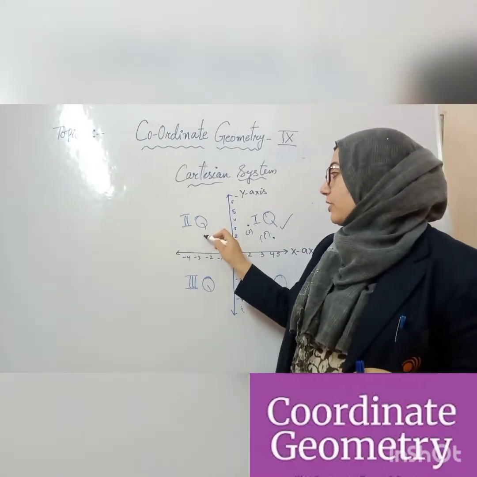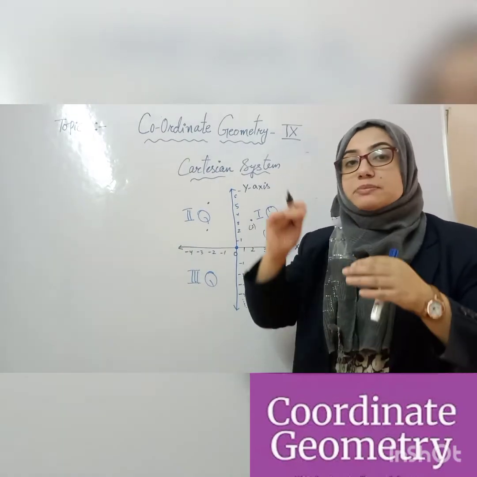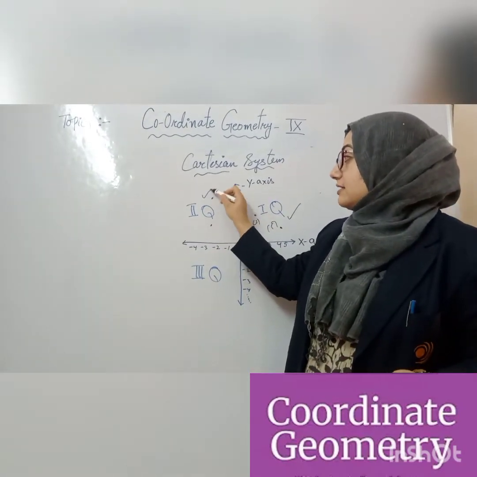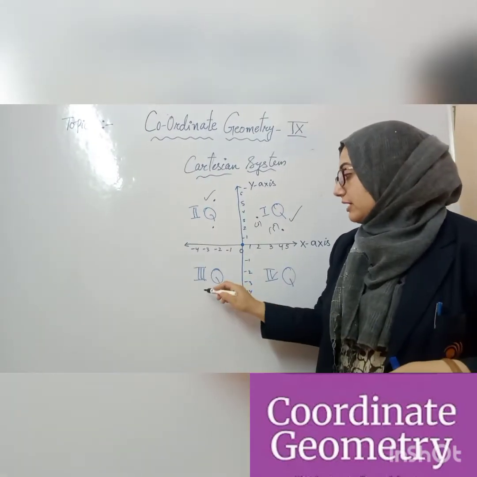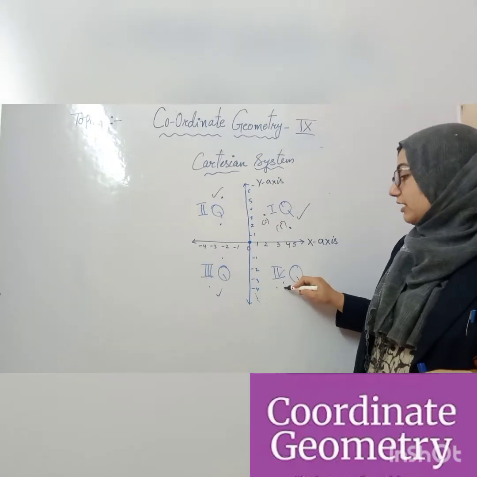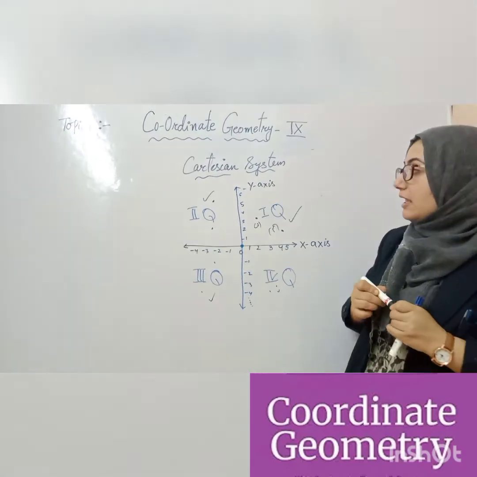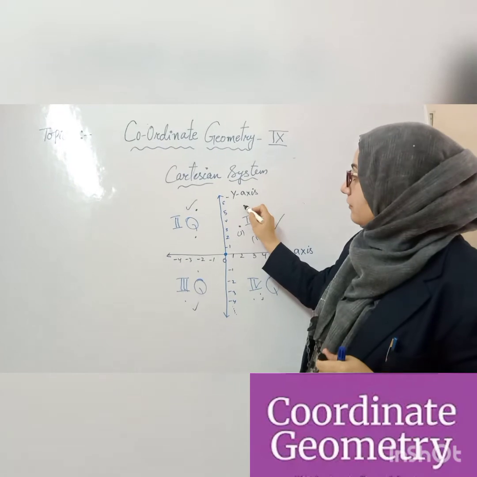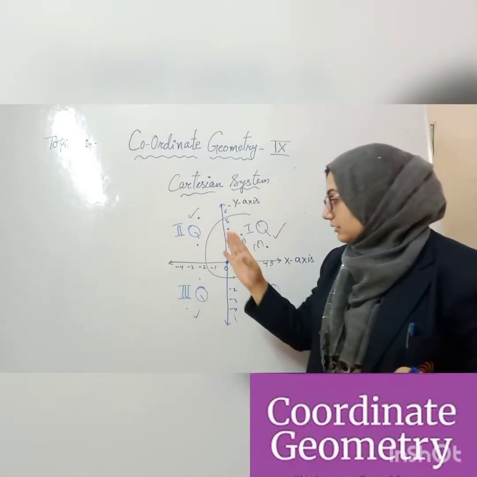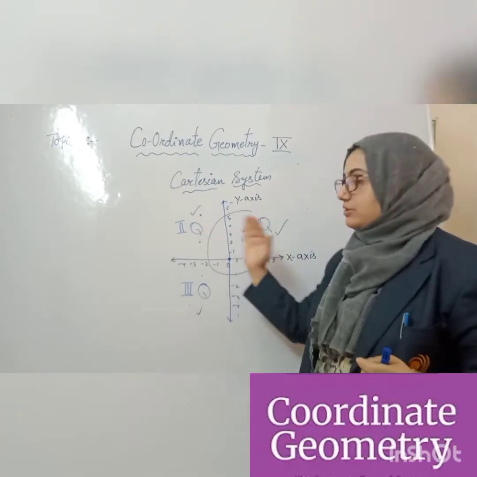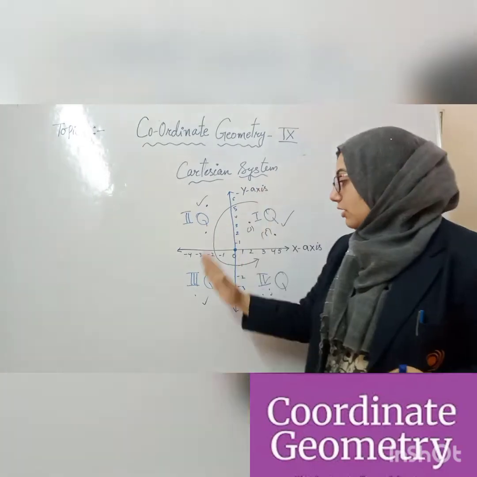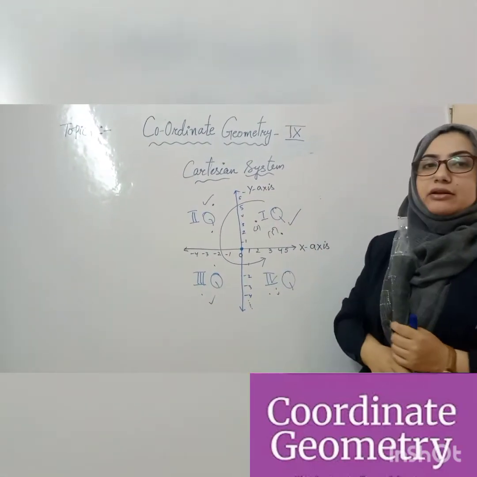Similarly, if some points are here, in order to specify where those two numbers are, we say that is in the second quadrant. Similarly, points somewhere here, third quadrant, and points somewhere here, fourth quadrant. I hope you understood, and remember, it's always anti-clockwise. You cannot go 1, 2, 3, 4 in another direction. It's always anti-clockwise starting from here: first quadrant, second quadrant, third quadrant, and fourth quadrant.